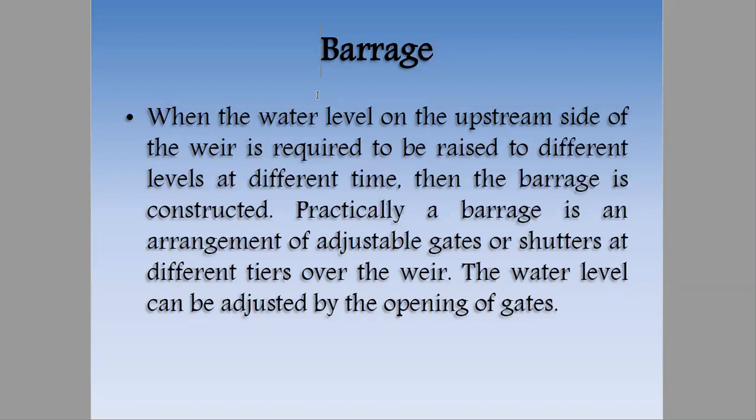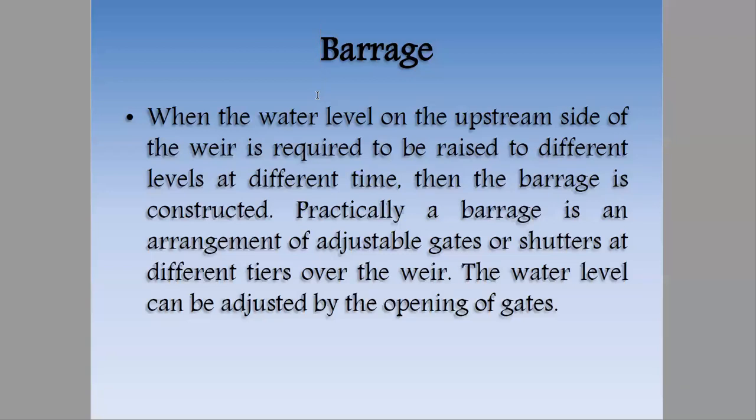Suppose for one season we need a water level of around 50-60 feet, and for another season 20-30 feet. This can only be controlled with the help of gates, and there we construct a barrage. So whenever we require water levels on the upstream side to be different at different times, a barrage is constructed.